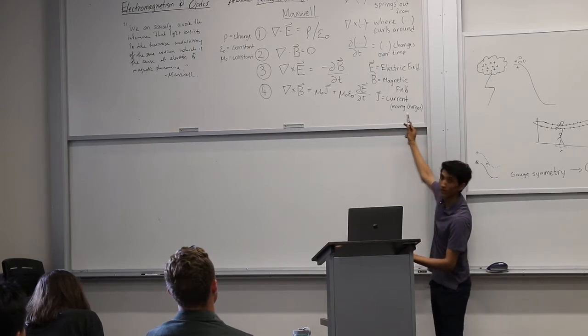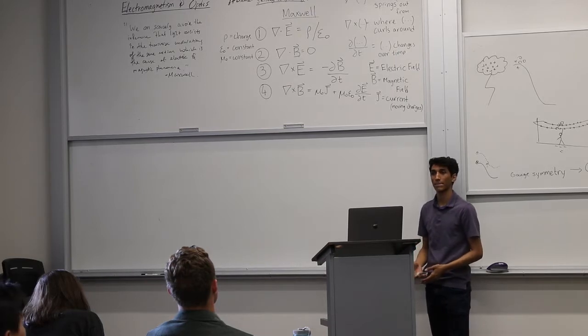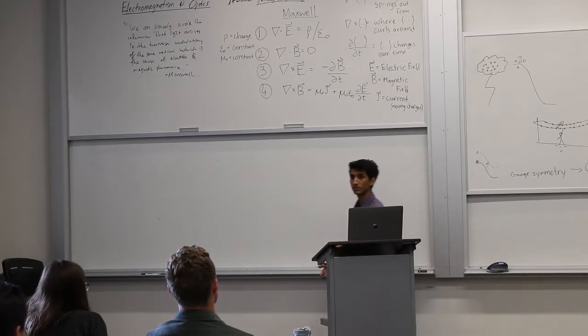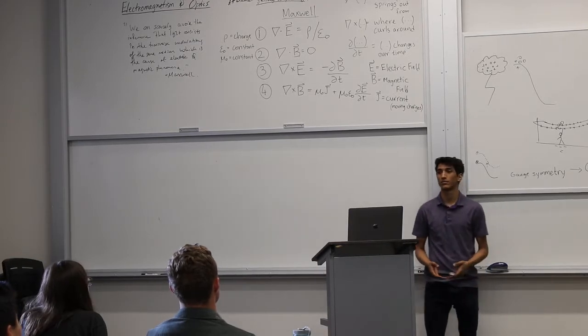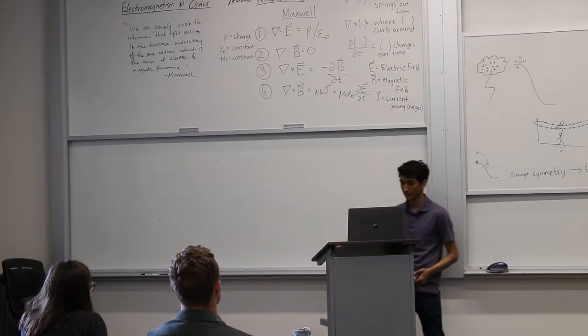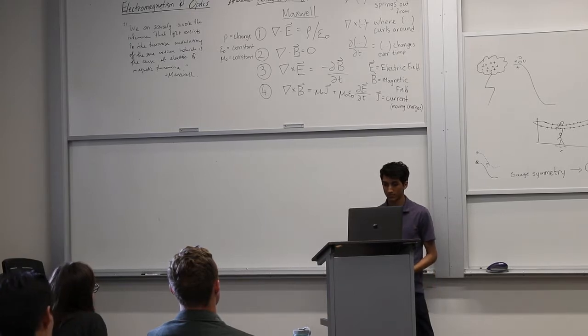If you want to think about it, there are no charges in this room. It's an empty room. But do Maxwell's equations still apply to this room? And if so, is there anything interesting that Maxwell's equations say happens in this room even though it doesn't have charges in it? Just talk among yourselves.